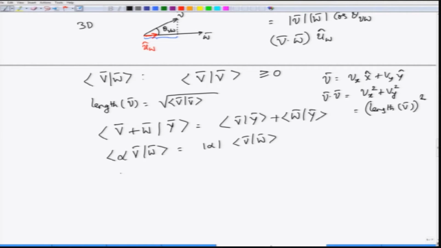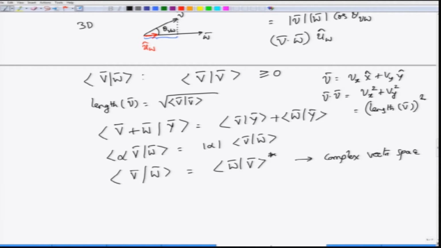There are also a couple of other points about the inner product. If I take the vector V with the vector W, and I say that V and W are complex vectors, that is, they belong to a complex vector space, then this should be equal to <W, V> complex conjugate. That is, if I interchange the order, then I should get the complex conjugate, provided this is for the complex vector space, okay.